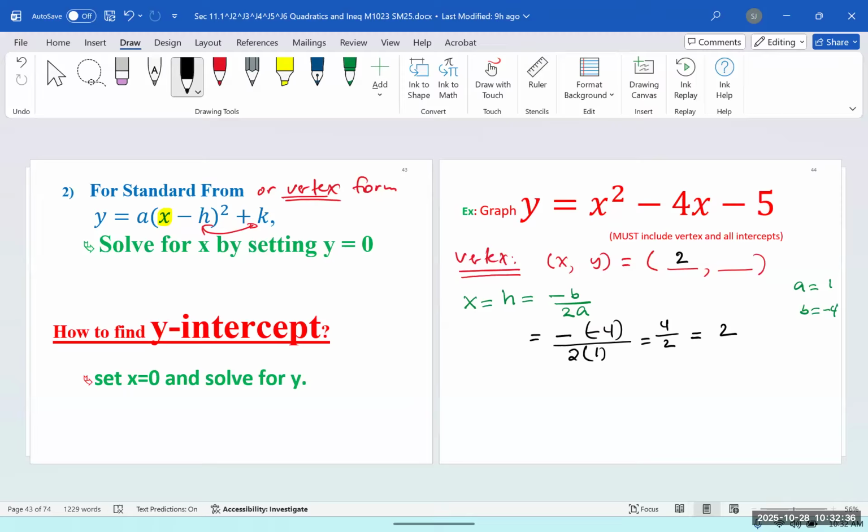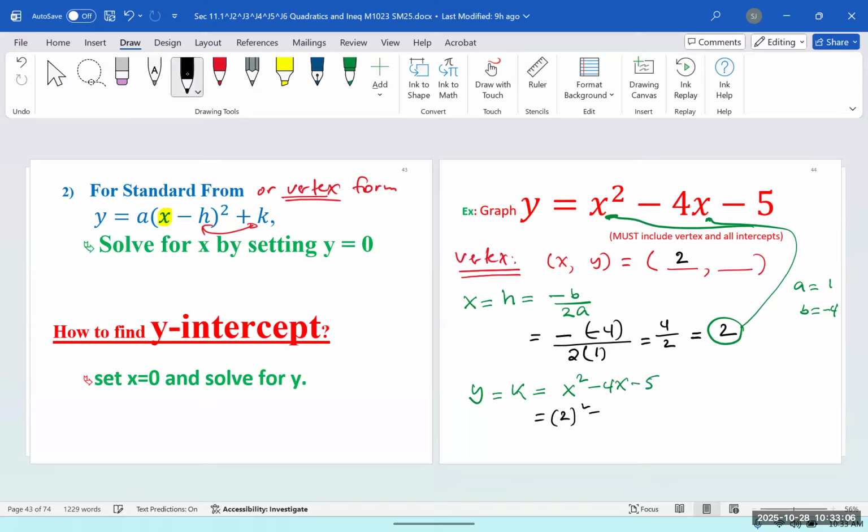Now, how do you find the y value? The y value is represented by the letter k. How do you find it? There is no formula for y. So we plug it into the original equation to get the y. We have x squared minus 4x minus 5.